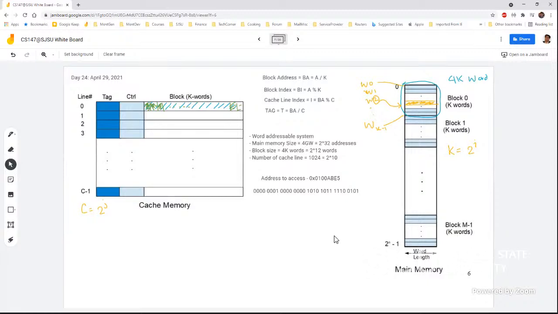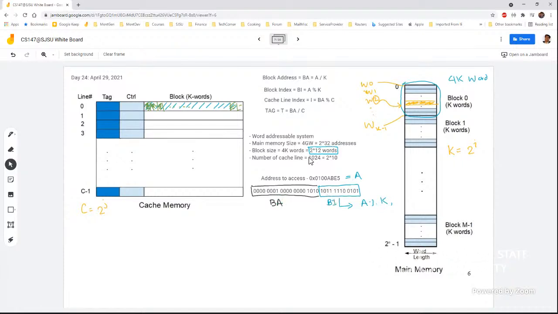Since my block size is 4K words, 2 to the power 12, my block index is basically 12 bits. In fact, this is nothing but the address mod K, where K is the block size. The rest of this is my block address, and this other part is my block index.